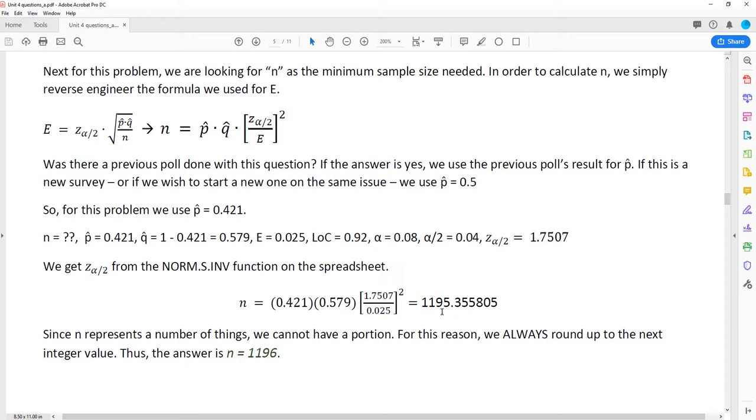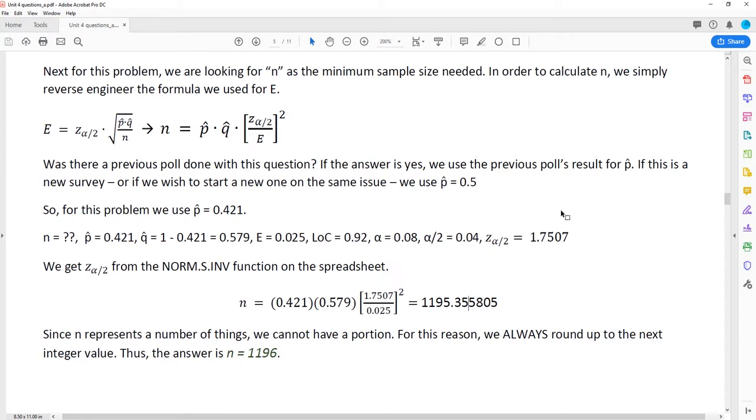In other words, if this were 1195.0067, we would still round it up because this is a necessary condition for us to meet. And 1195, if we round it down, that wouldn't be enough. 1196 is a slight overkill, but since we can't break it up into a portion, then we would round up.